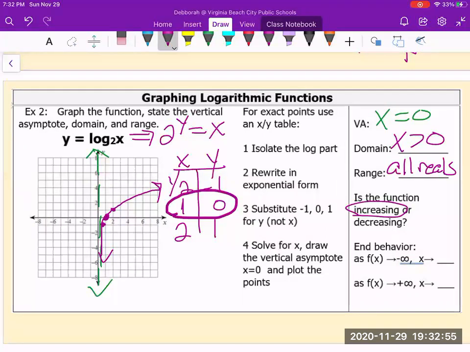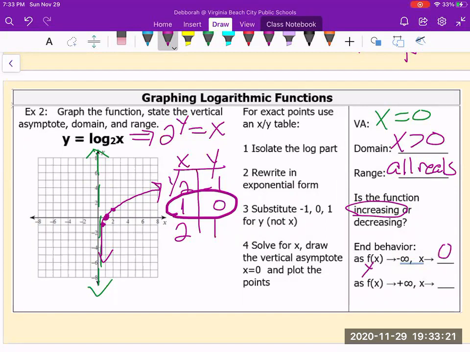Our end behavior: as x is approaching negative infinity, meaning heading to the left, our y value is approaching what? I probably should have said it differently: as f of x approaches negative infinity, that means as y approaches negative infinity, x is approaching 0.